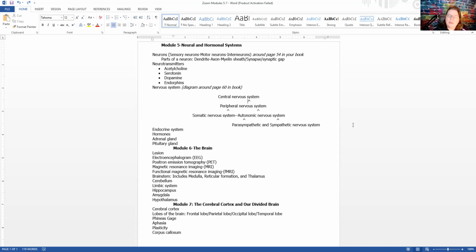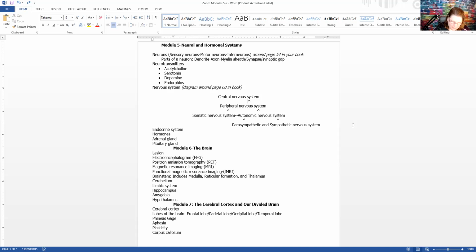And your autonomic nervous system is in charge of the automatic functions of your body that keep you alive. Things like your heartbeat, your blood pressure, your digestion, things that happen even if you're unconscious are part of your autonomic nervous system.